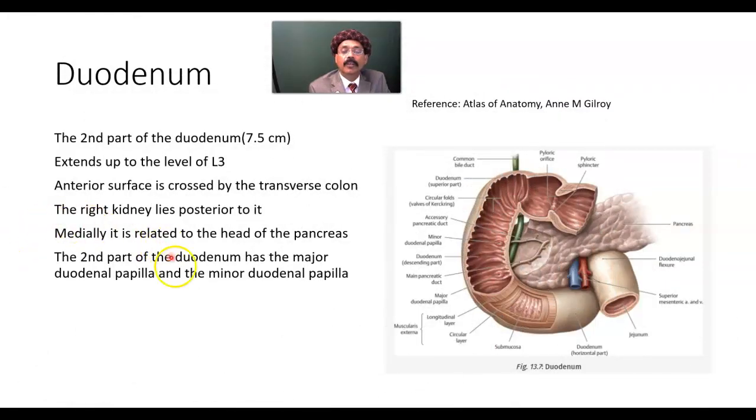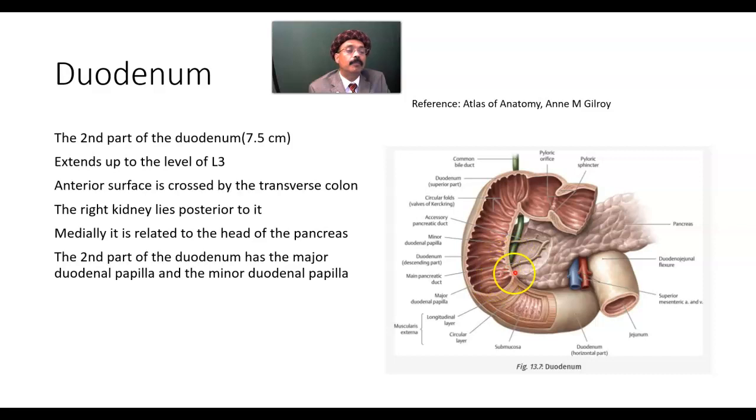The second part of the duodenum has the major duodenal papilla and minor duodenal papilla. Here is the major duodenal papilla, minor duodenal papilla. Minor duodenal papilla is for the accessory pancreatic duct, major duodenal papilla for the end of the main pancreatic duct, and it is uniting with the common bile duct to form the hepatopancreatic duct with an ampulla that opens into the major duodenal papilla.